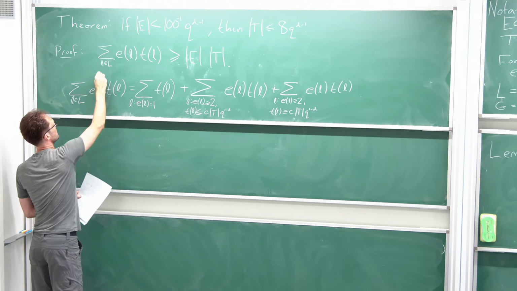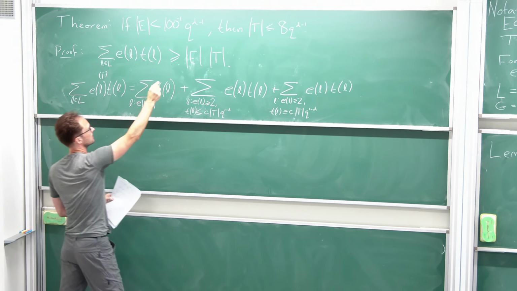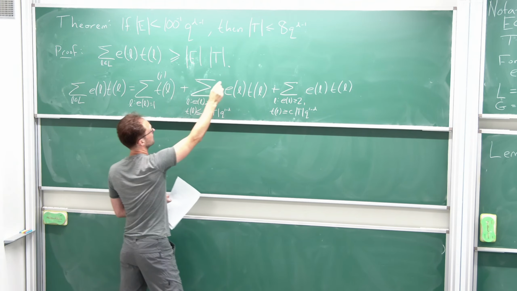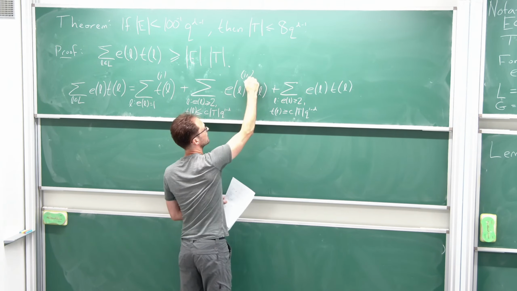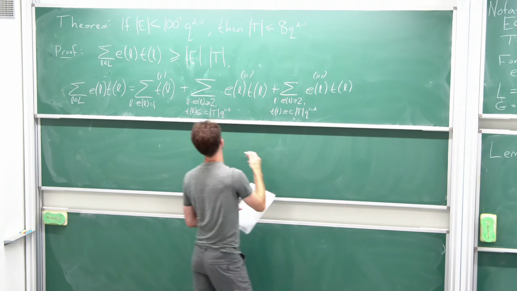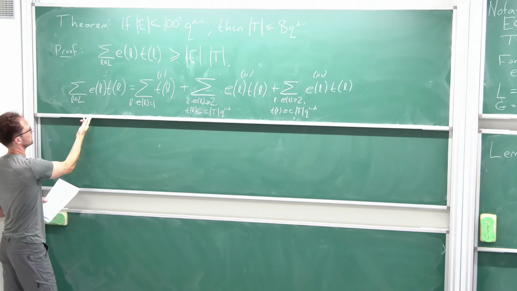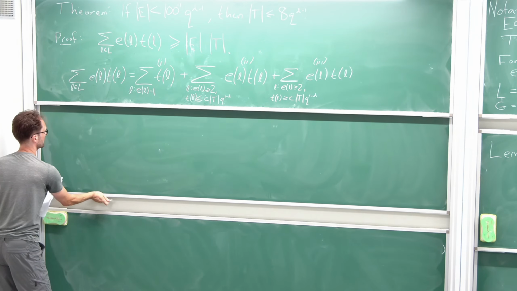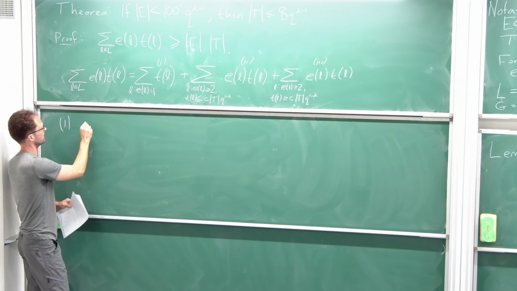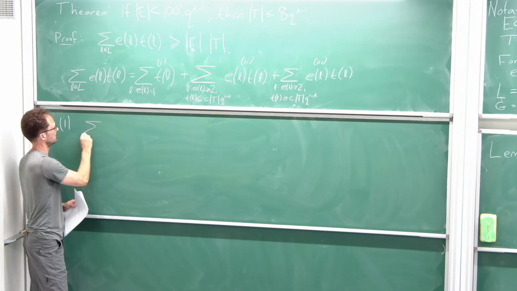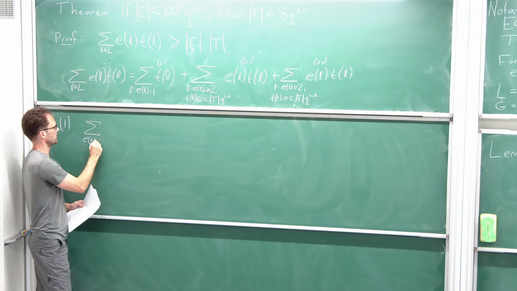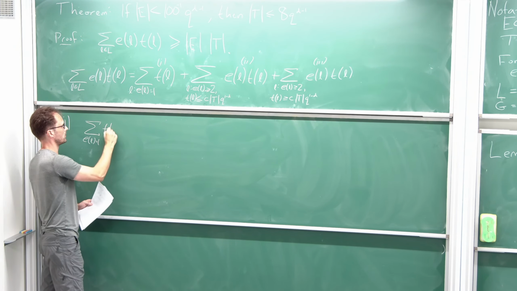Let me name these. I'll name this first one I. For the first one, we sum over lines where the number of points of E is equal to 1, times the number of points of T on there.